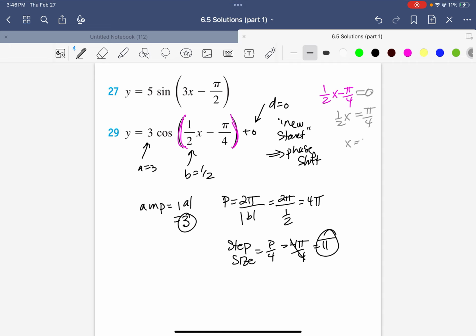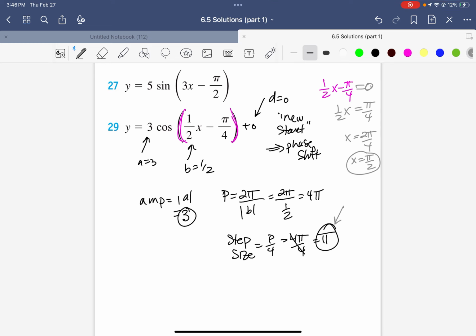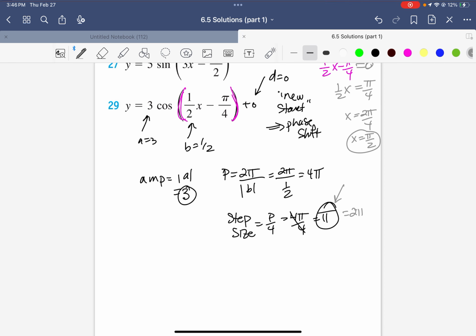It looks like that's going to happen at 2 pi over 4, which is the same as pi over 2. So pi over 2 is my new start. I'm taking steps of size pi. Well, guess what? That's the same as 2 pi over 2. And to make the denominators work out nice, that's how I'm going to think about my step size.